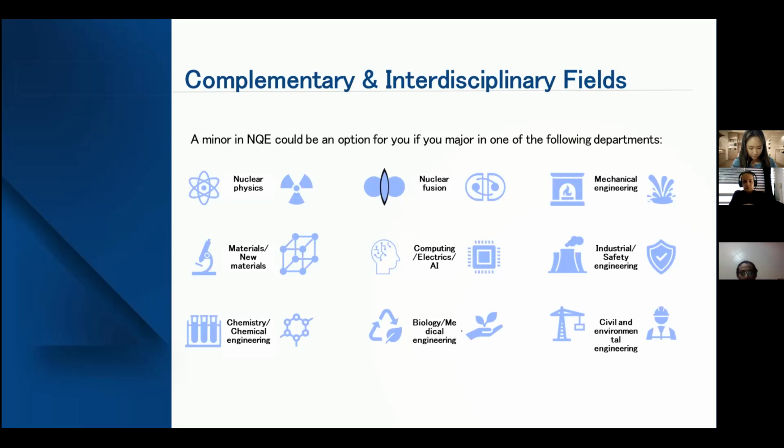Then we also have biological and medical engineering, which are very related to nuclear and radiation technologies, from cancer treating devices to things like sterilizing our food to make sure it's edible and safe.